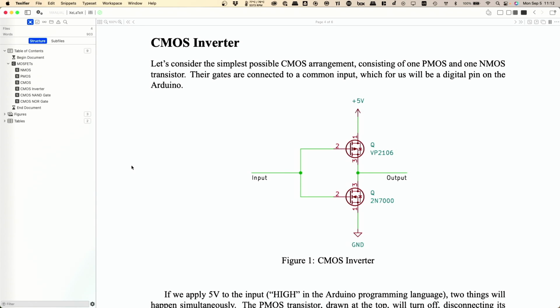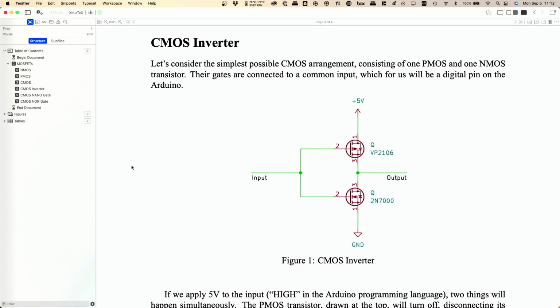How you lay this out on your breadboard is up to you, because I could put the power and the ground wherever I want. But I'm going to think of it as I've got plus 5 volts, I've got my ground, and the PMOS stuff will go on the plus 5 volt side, and the NMOS stuff will go on the ground side, and the output will be somewhere in the middle.